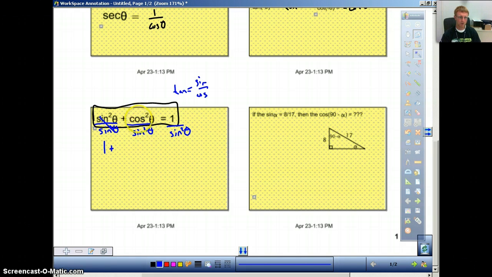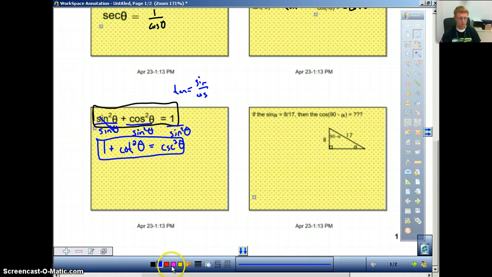So therefore, cosine over sine would be cotangent. So this will be cotangent, and the squared will still be there. Equals, and then we have 1 over sine squared. Remember, 1 over sine is cosecant, so that's going to be cosecant squared. And that is another relationship of ours.